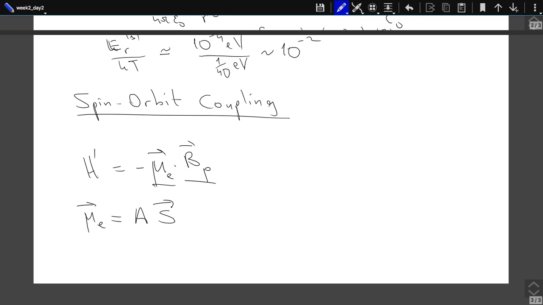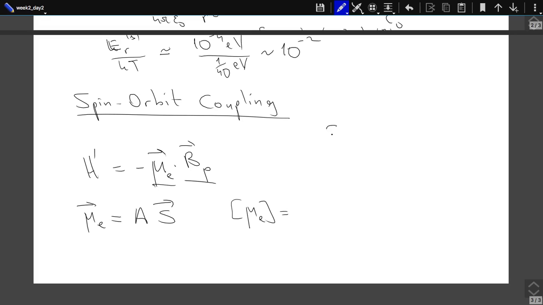What is the dimension of mu e? Magnetic dipole moment. Do you remember the magnetic dipole moment? Coulomb meters. No, ampere meter squared.